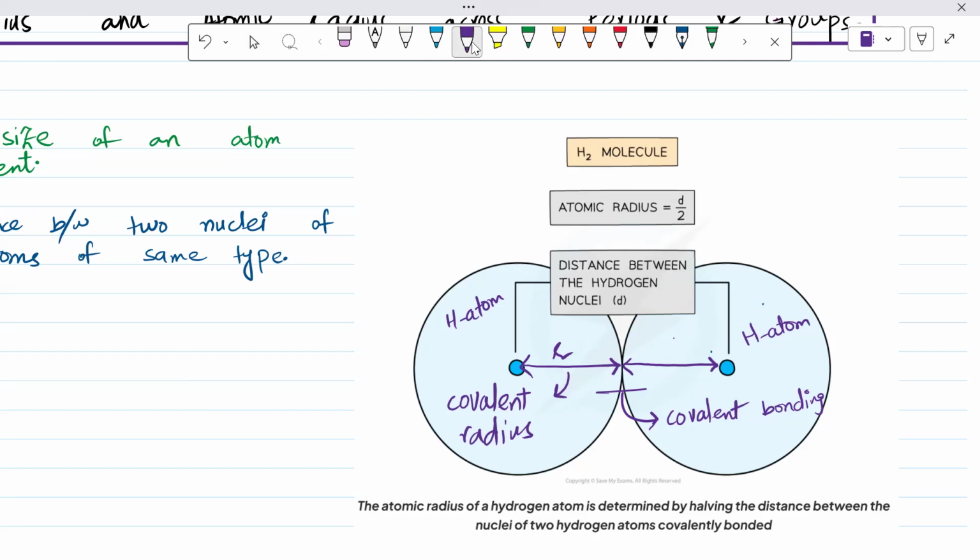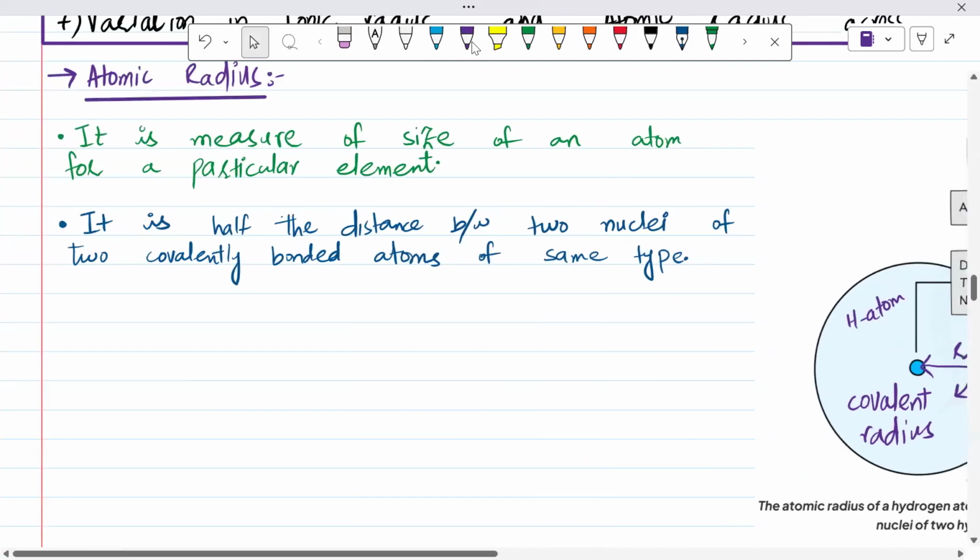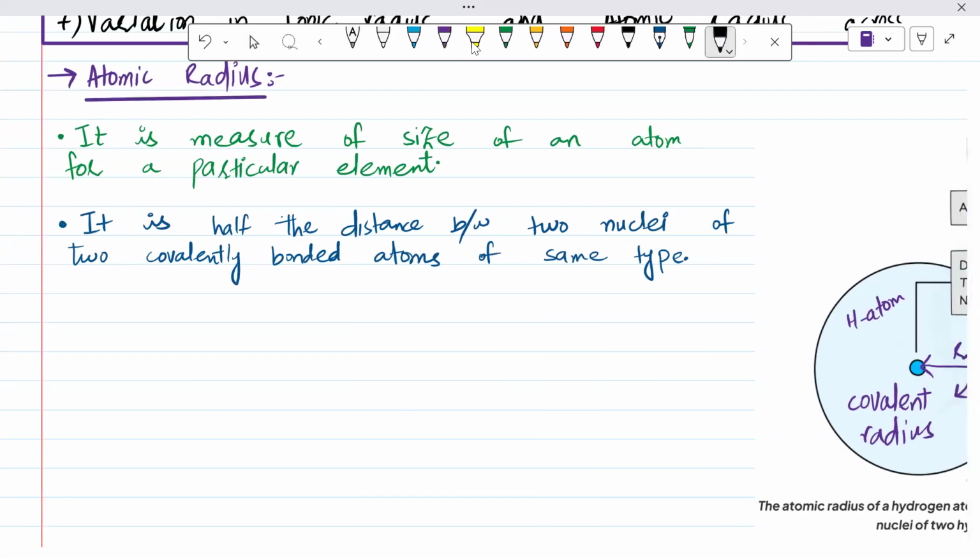Okay, now we will discuss the general trends of these. What is the general trend in the periodic table? What is happening?